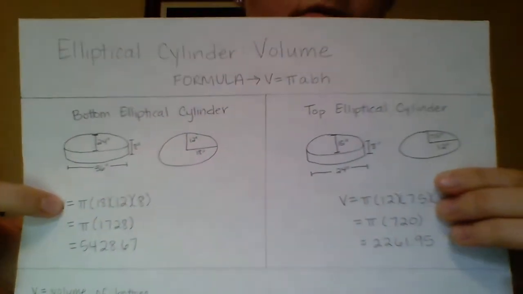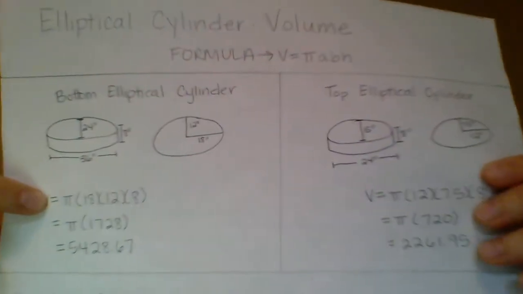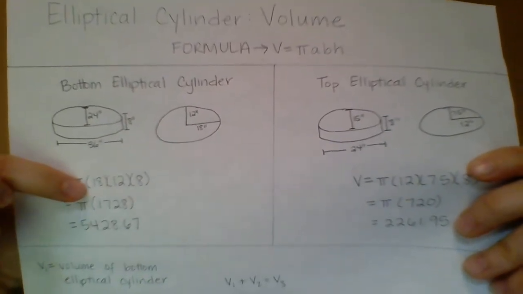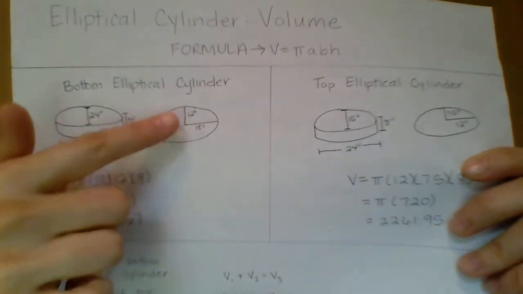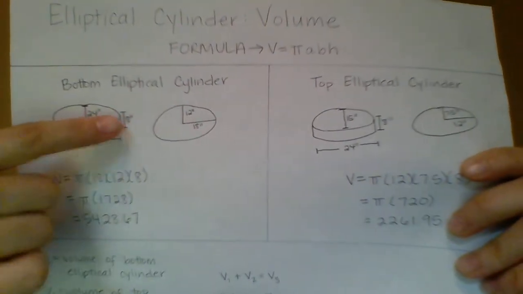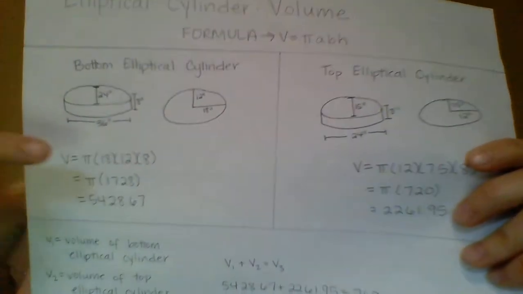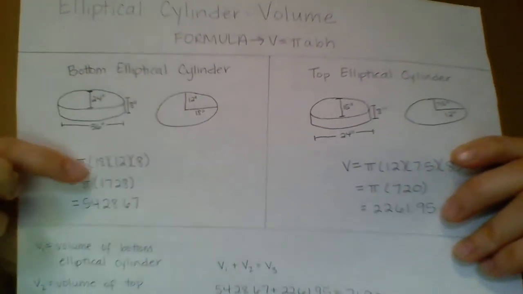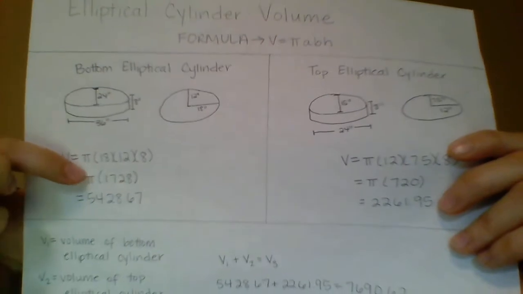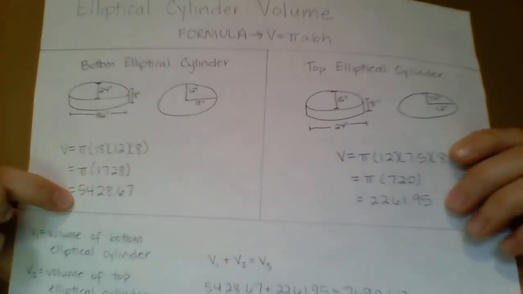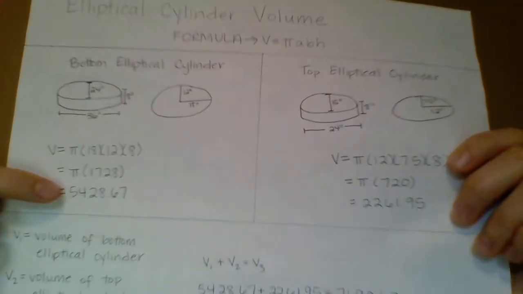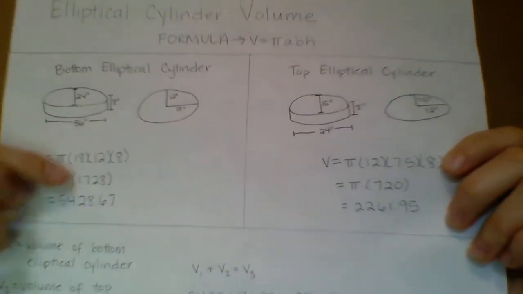So now that I know what my numbers are, I'm going to plug those into the formula, which gives me pi times 18 times 12 times 8, A, B, H. In my next calculation, I multiply 18 times 12 times 8, giving me this total, which I then multiply by pi, and then voila, I have my volume. Very simple. So this right here is my volume for my bottom elliptical cylinder.